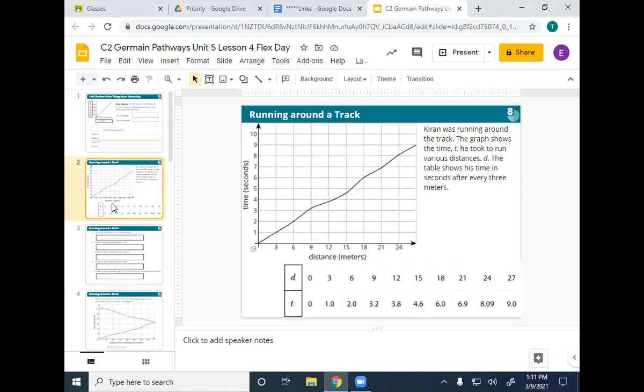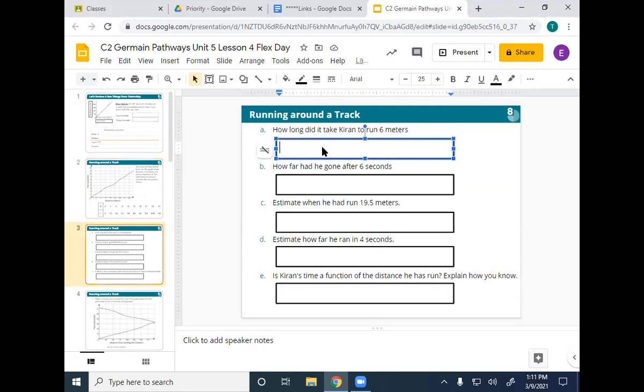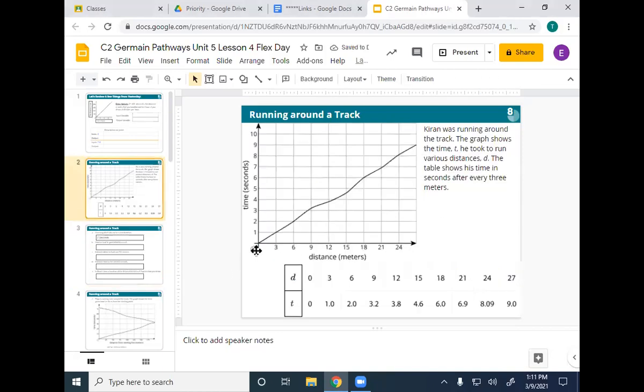Alyssa, first question. Which one did you use to help you? I used the graph. Okay, so she used the graph. And then what were you thinking? 2 seconds. And when you were looking on that graph, what did you look for? I went to 6 meters, and I looked on the y-axis and saw where it met.